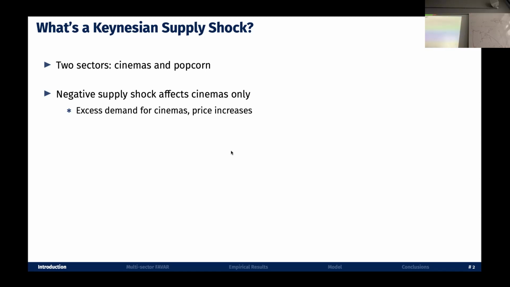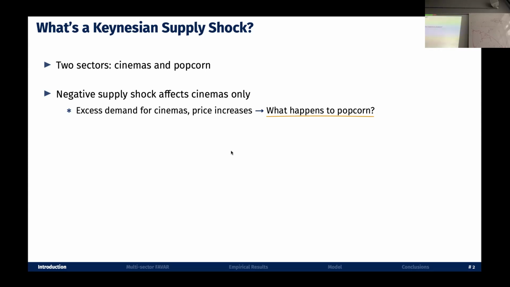Okay, so that's the standard effect that it would have in an economy if you had a productivity shock. The difference is that we're considering a shock that affects only a subset of the economy or a part of the economy. And the interesting question that we want to ask is what happens to the other sector? What happens to the price and the output of the popcorn sector?